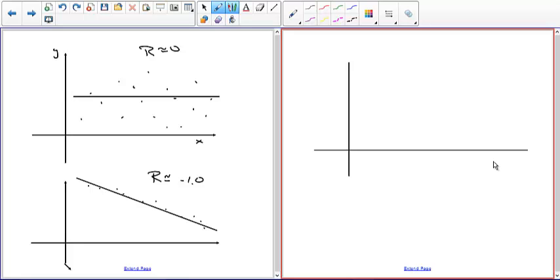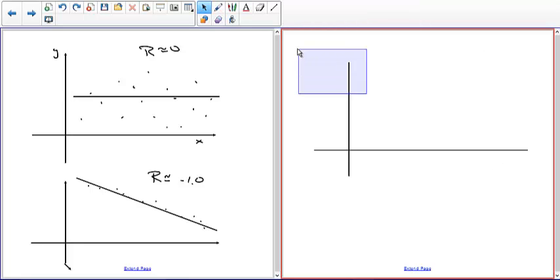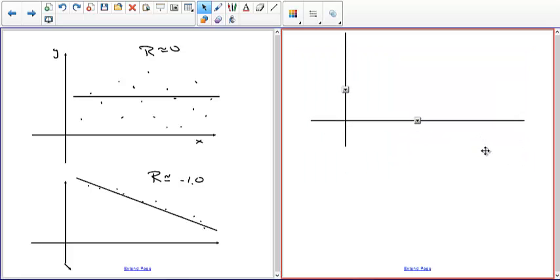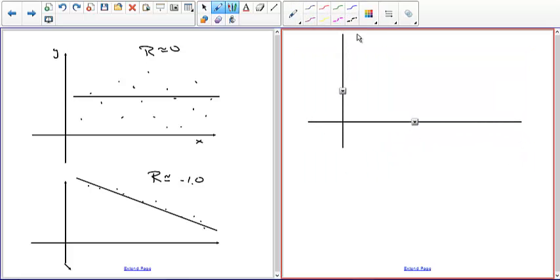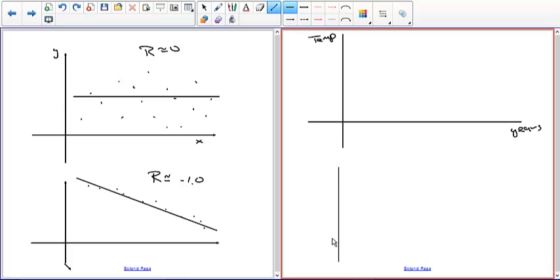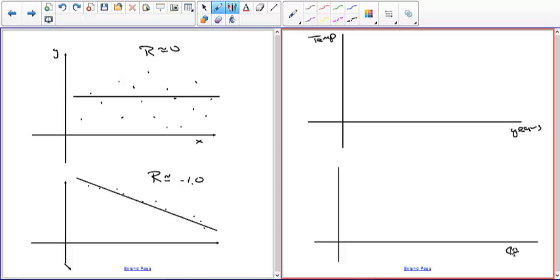there's two ways of doing this, the same phenomenon. Let me just show you here. This is average temperature, and this is years. And then you could have CO2 level versus time.